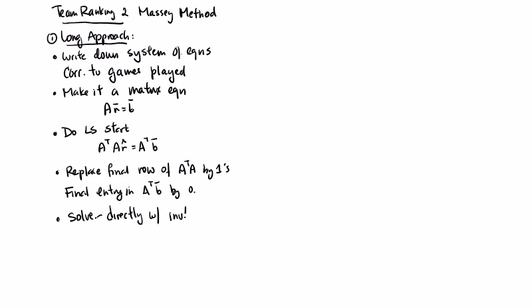Now, the quick approach, of course, the shortcut, is as follows: the final matrix equation that we solve, we'll call this, say, M R hat equals Q. So M is T by T, where T is the number of teams.